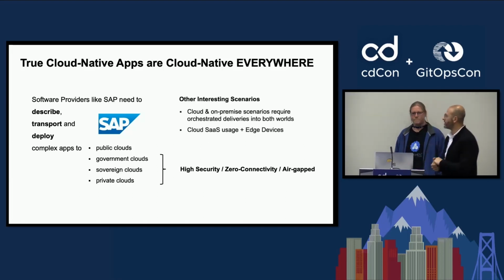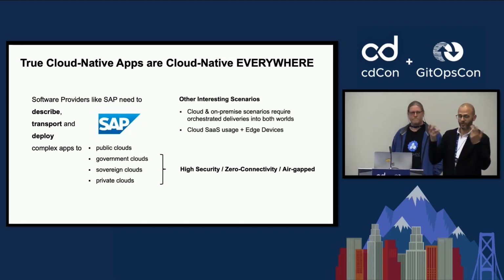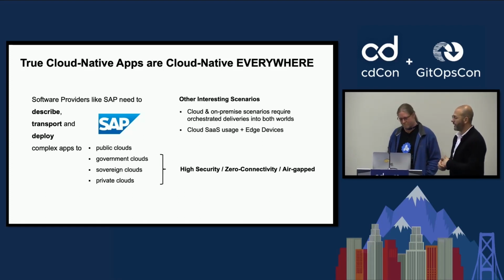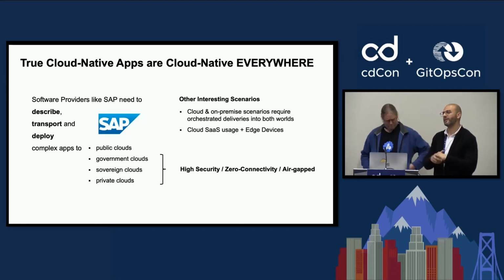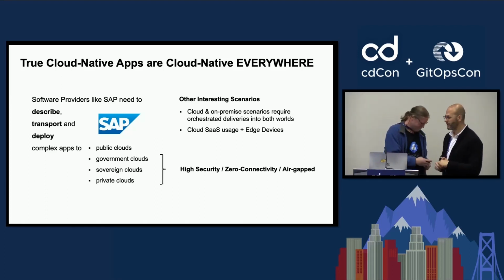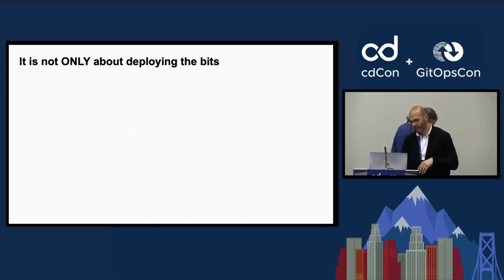And some other interesting scenarios that the OCM creators thought about is how do I deploy a single application into multiple infrastructure environments at the same time. Public cloud, private cloud, the same application needs to go at the same time to those environments and behave in the same exact way, and maybe with some tweaks. And same, of course, for the edge cloud.